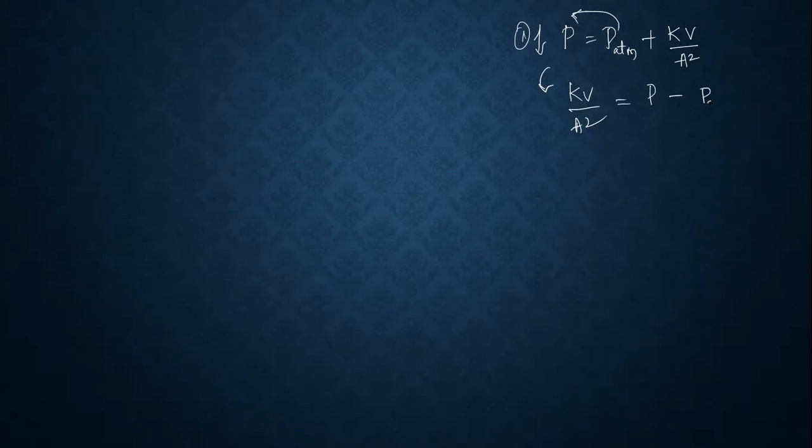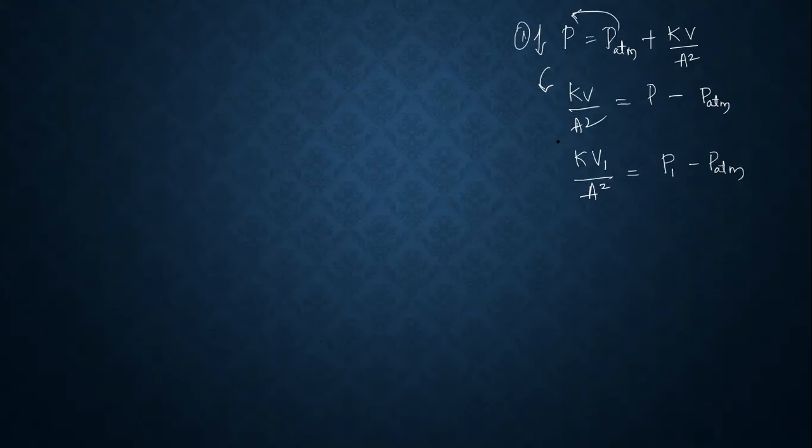Now we know from equation 1 that P is equal to P atmosphere plus kV by A square. This is 1. Therefore, taking P atmosphere to the left hand side, it becomes P minus P atmosphere equals kV by A square. If I write it for the initial volume, that becomes kV1 by A square, the area remains constant, and P becomes P1.